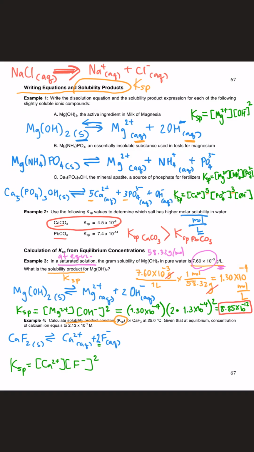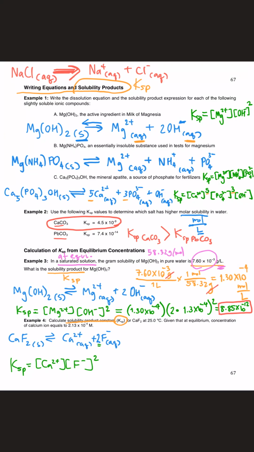And to find out the concentration at equilibrium in order to plug into KSP, we need to look at the next given information. The next given information tells us that at equilibrium, the concentration of the calcium ions is equal to this. And if you look at the problem, you will see that calcium ions have 1/2 the concentration of fluoride ions. Therefore, in order to find the fluoride ions, you will just need to multiply the calcium ion by 2 to get the concentration of fluoride ions.